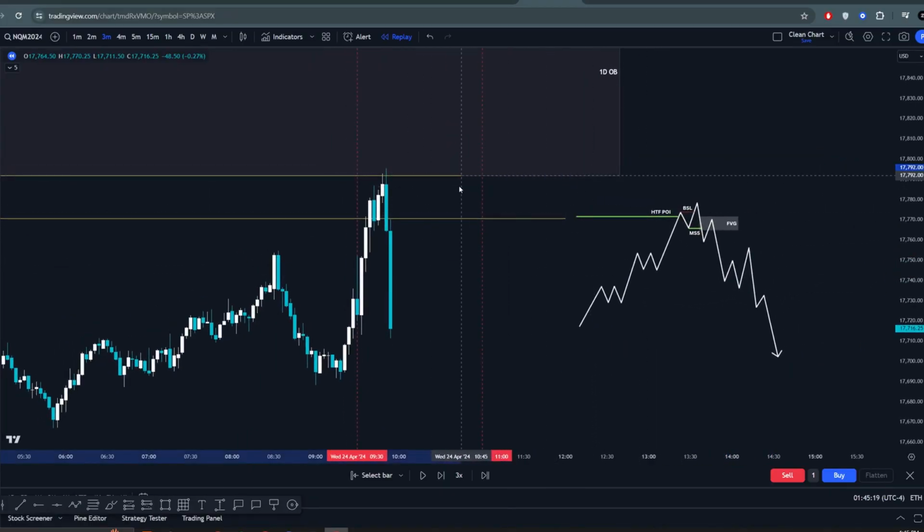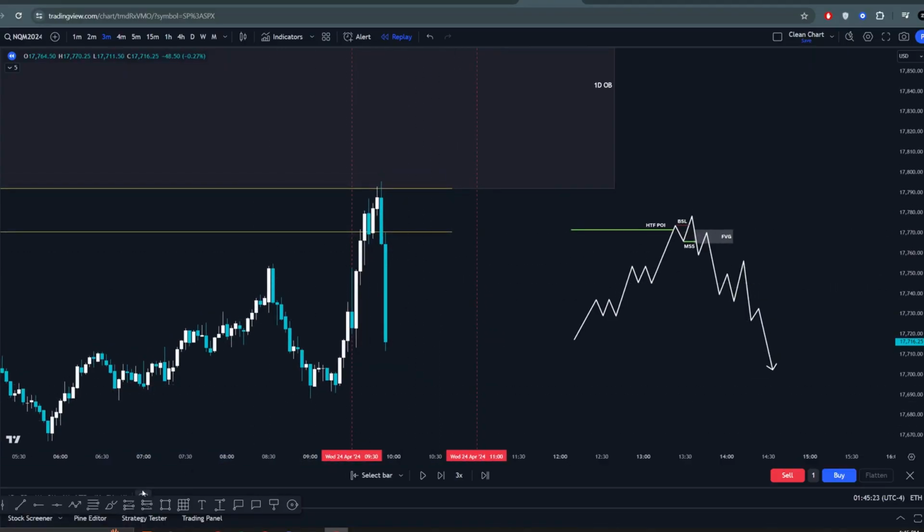So right here, we have a clear setup, clear as day setup. If you look closely, we have here a swing high. Price has taken out that swing high, at the same time reacting into our daily order block right here. Let me move this one.